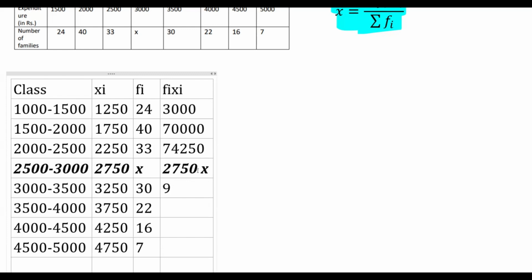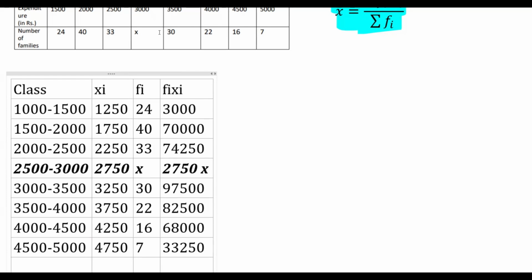I'm getting 97500. So 3750 into 22, it's coming as 82500. Lastly, it is 68000. And then 33,250 on multiplying 4750 with 7.